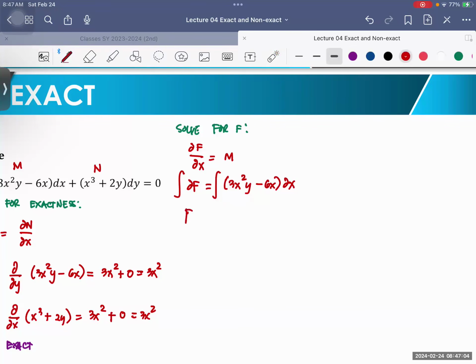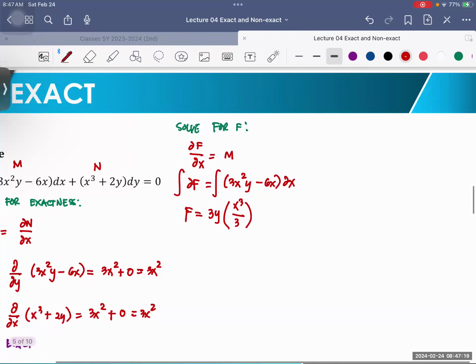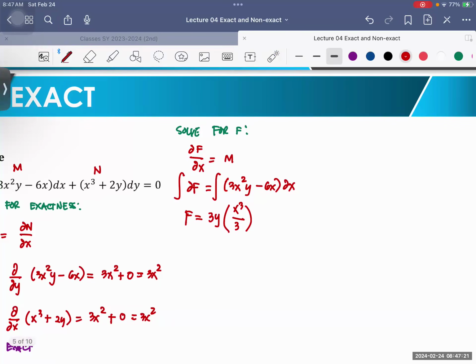Sige, so we have here an f equals, pwede na ipagawas ang 3y class, para dili ta malibog, no, 3y because the first term, ang constant sa first term will be 3y. Okay? What happens to x squared? Mahimo na x cubed over 3. Pag anti-differentiate. Okay. What happens to 6x? Ipagawas ang 6, ang x mahimong x squared over 2. Yeah, don't forget, mag-plus ta og constant, which is a function of y.